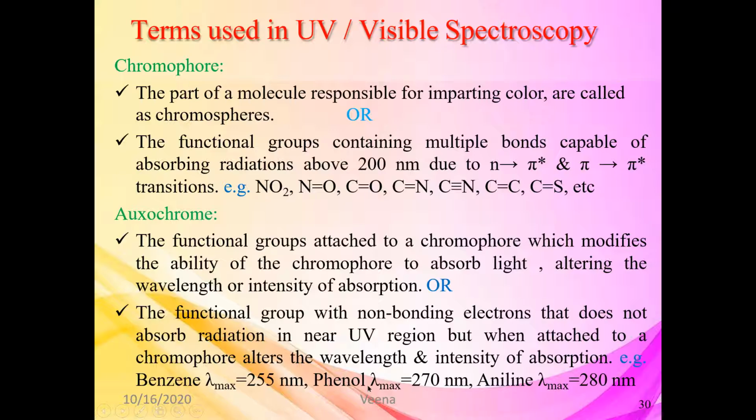That means in case of phenol, OH is the auxochrome. In case of aniline, NH2 is the auxochrome. The basic chromophore present is the double bond in the benzene ring. As the auxochromes are attached to the chromogen or chromophore, there is a shift in the lambda max value for these molecules.